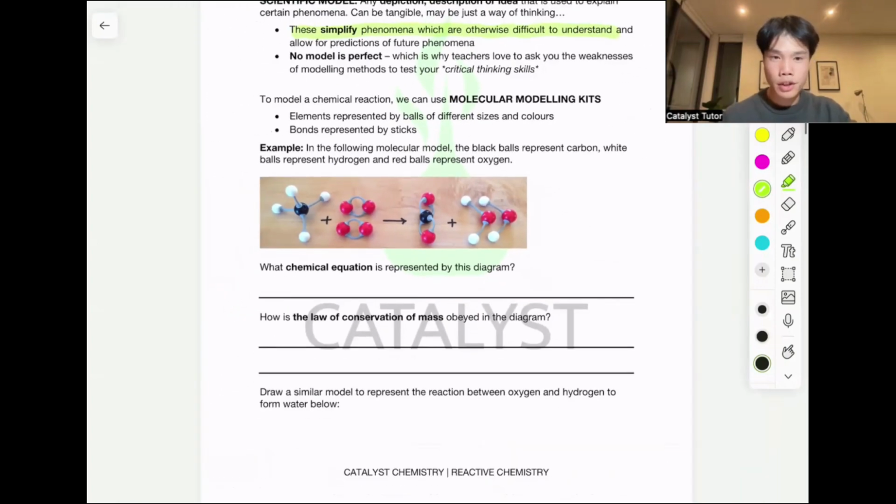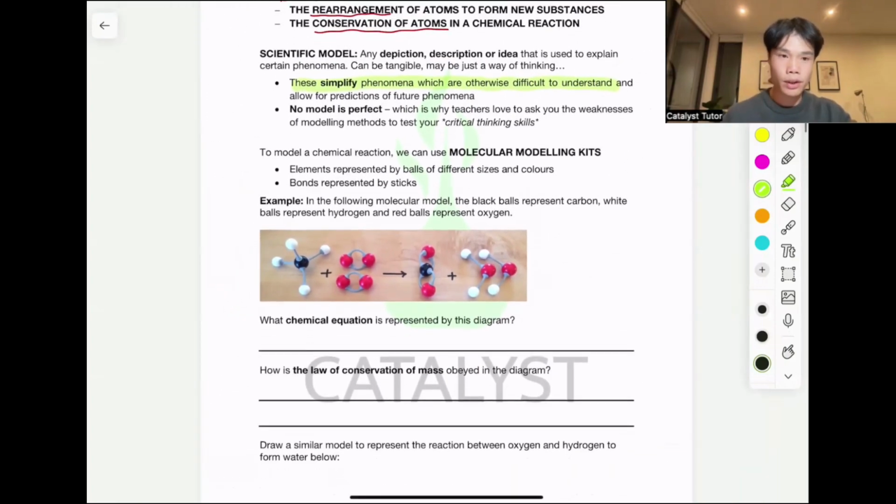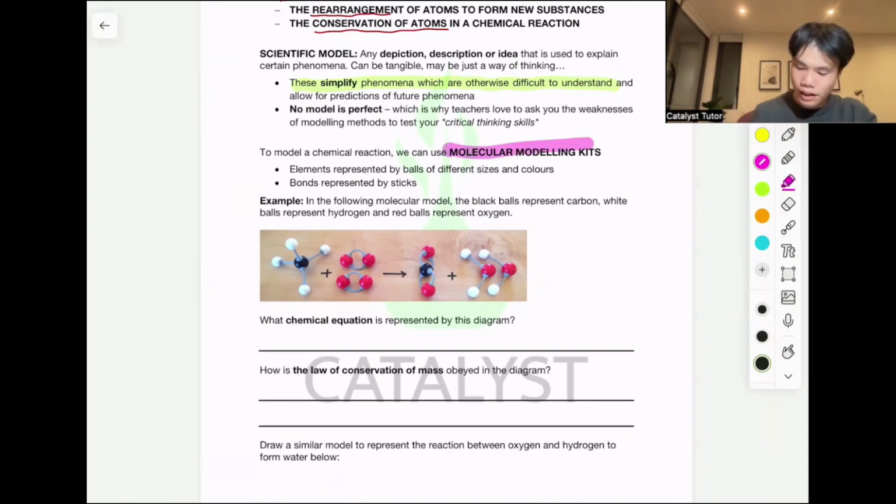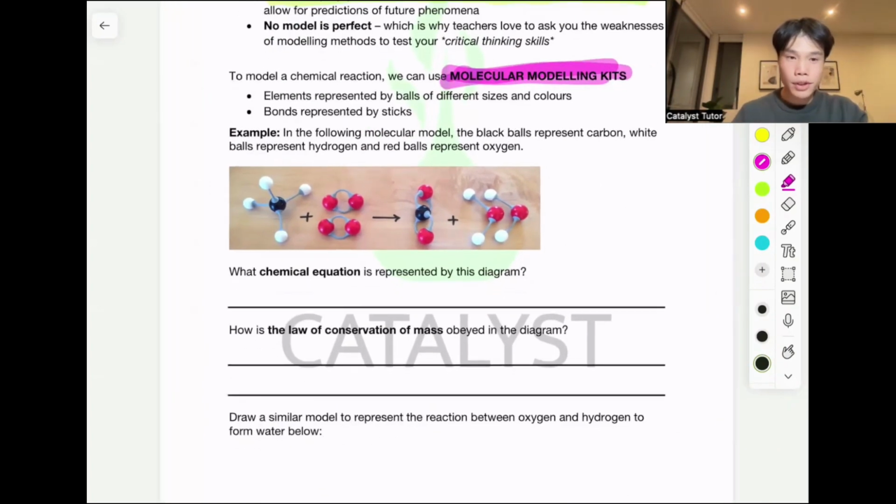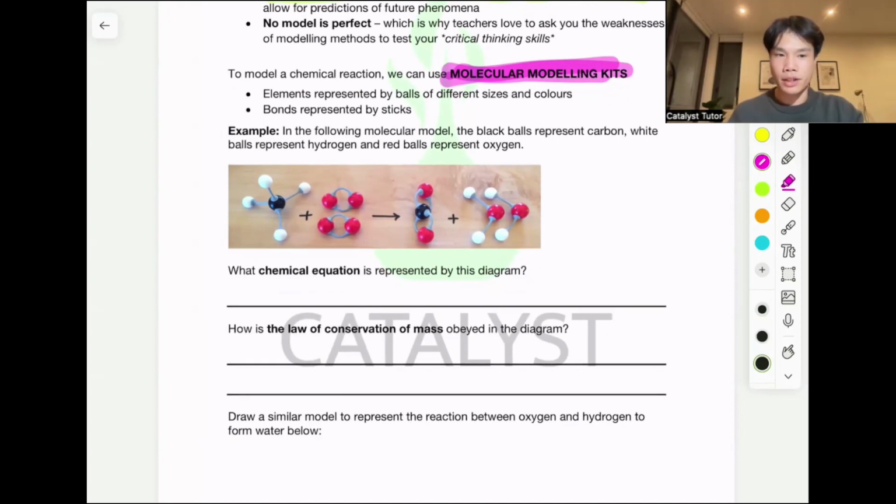Okay, but the specific model they like to focus on for this dot point is molecular modeling kits. I'm sure you've all seen it through junior science, the balls and sticks. So elements as the balls, bonds represented by the sticks, helps us to model a chemical reaction. So looking at this model, can everyone write the chemical equation that's shown by the diagram?